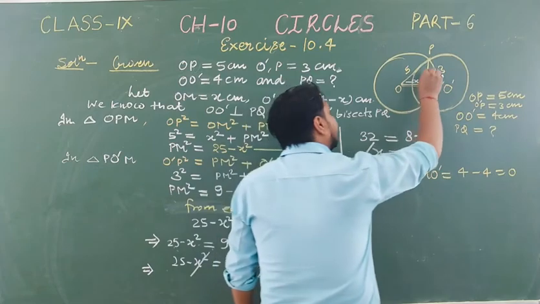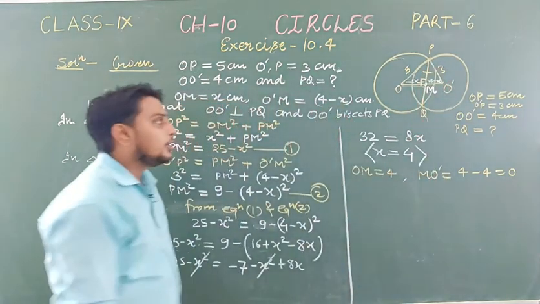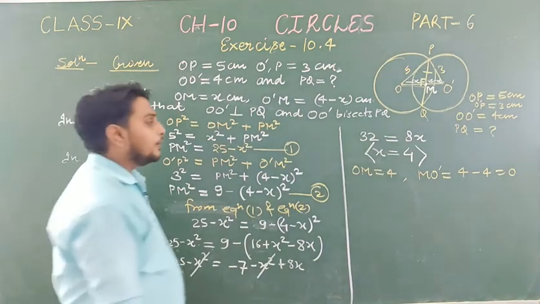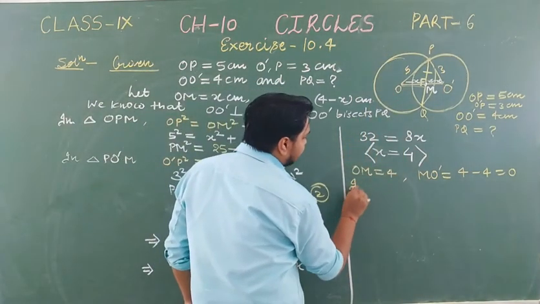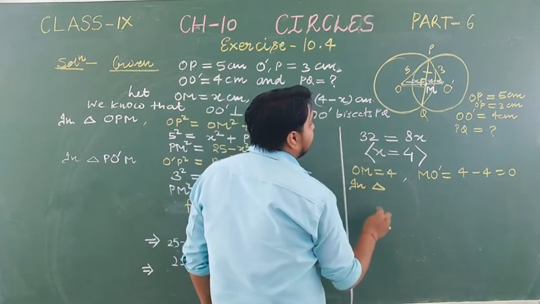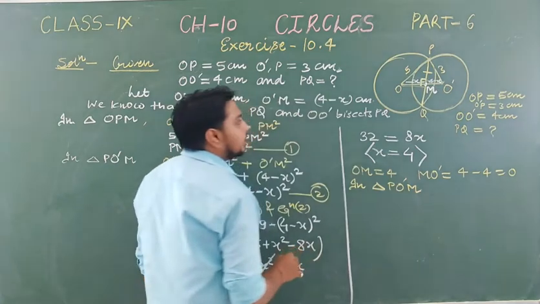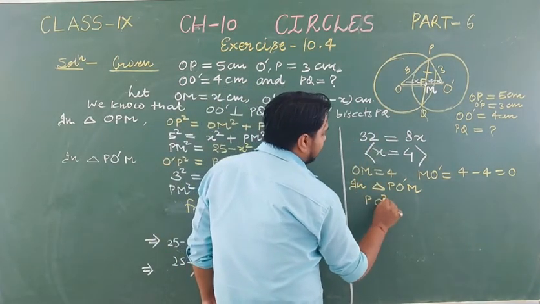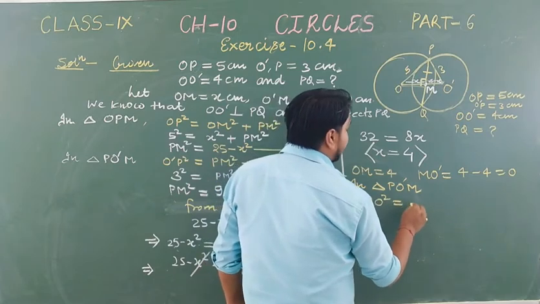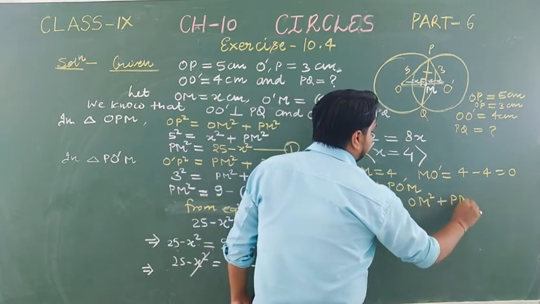Okay. If we find the value of PM, then we can find the value of PQ. So how will we find the value of PM? We will write in triangle POM. Again, we have to apply the Pythagoras theorem, and that theorem is PO square is equal to OM square plus PM square.